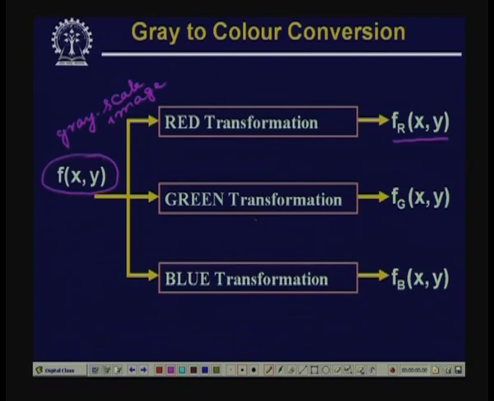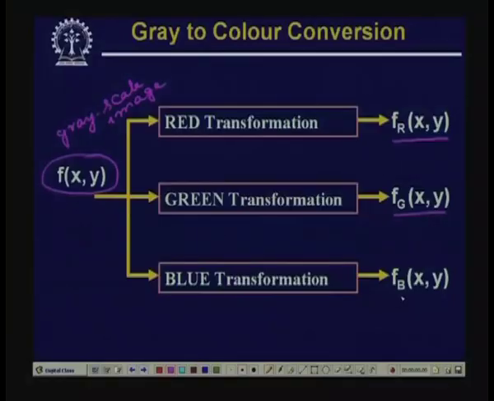The green transformation generates f_g(x,y), or the green plane corresponding to this intensity image f(x,y), and the blue transformation generates f_b(x,y), which is the blue plane corresponding to this intensity image f(x,y).